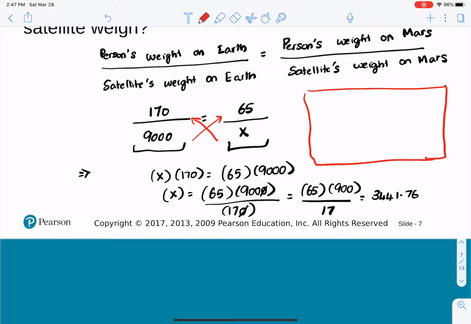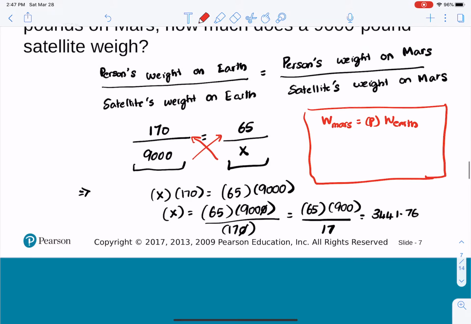A person's weight on Mars is some proportion p times the weight on Earth.